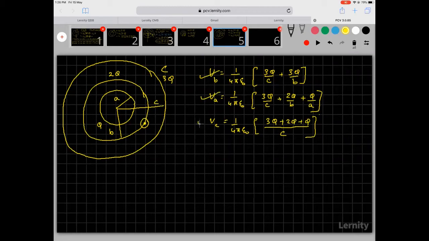If all of you are able to get it, then a question. Suppose I earth this, what is going to happen? Theoretically, the earth is considered to be a reservoir of charges.